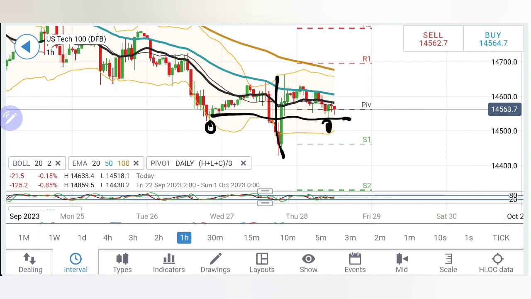You can see this candle, you can see this peak, and almost everything is identically symmetrical, and this is preceded by a good drop, so this could follow with a good rise towards 14,700. The possibility is very strong for this.